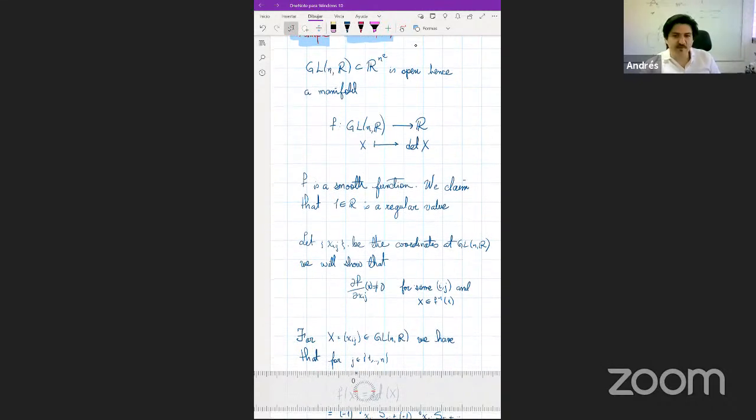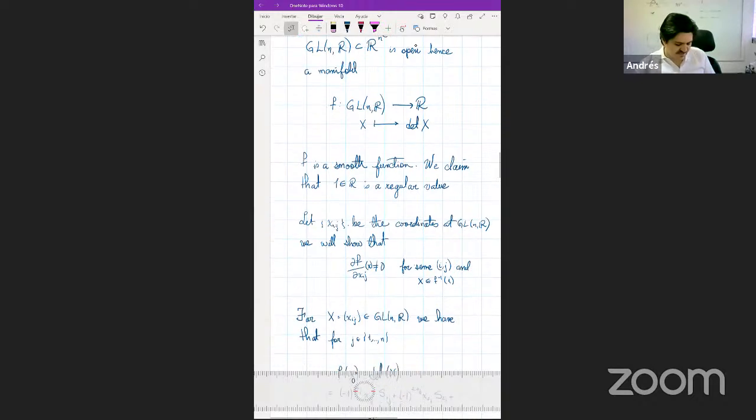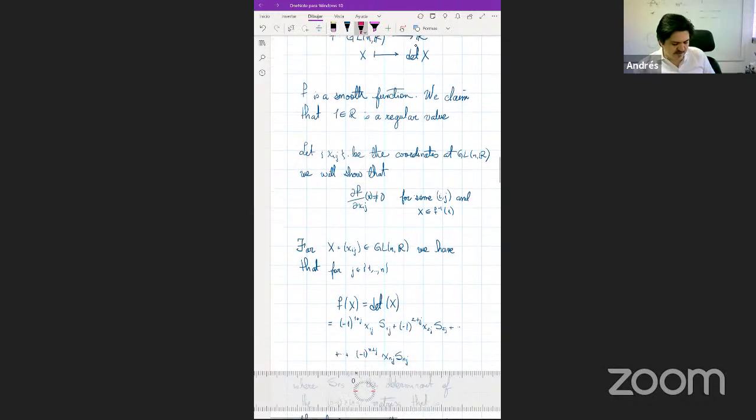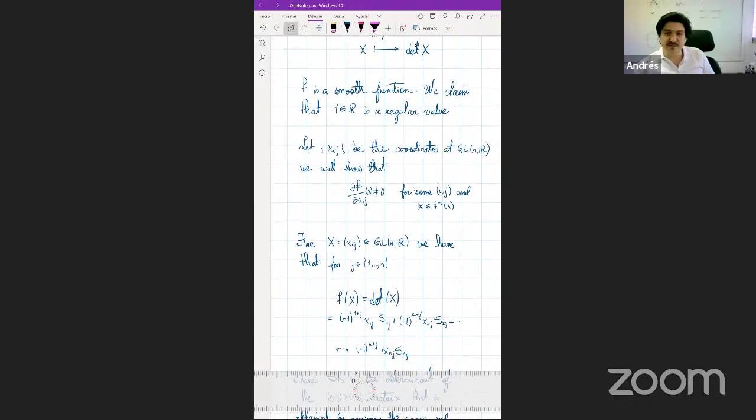Now we're going to remember a way to compute the determinant that is very useful for this result. So remember that f is the determinant of x. And the determinant of x, I can write it like this.